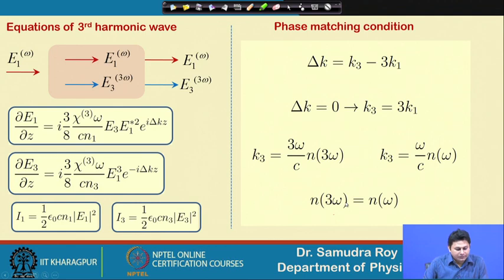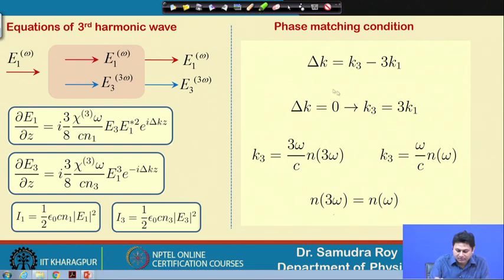Okay. So, this is the equation of the third harmonic wave that we derived in our last class. The derivation is almost the same as the way we derived the second order effect or second harmonic generation, but the only thing you need to note here is the phase term, and for this phase term we have k 3 minus 3 k 1.